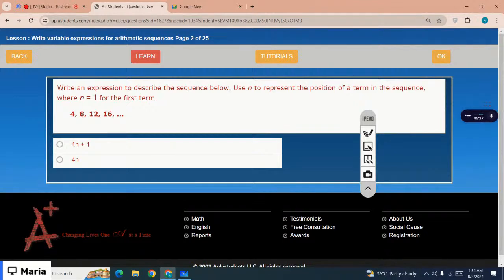Okay, write an expression to describe the sequence below. Use n to represent the position of a term in the sequence where n equals 1 for the first term. So which is the correct option?